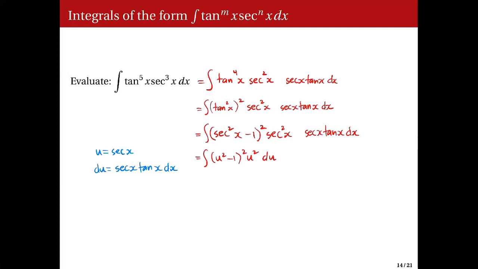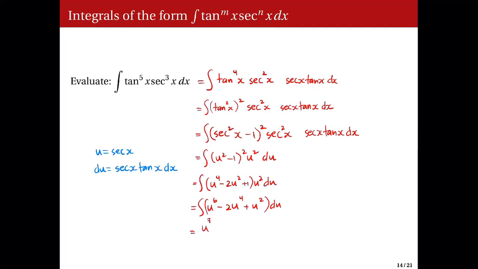Now we'll just expand this. If we expand, we will have u to the 4 minus 2u squared plus 1, multiplied by u squared, and then we have the du. We distribute the u squared. We will have u to the 6 minus 2u to the 4 plus u squared quantity du. And this is integrable easily.